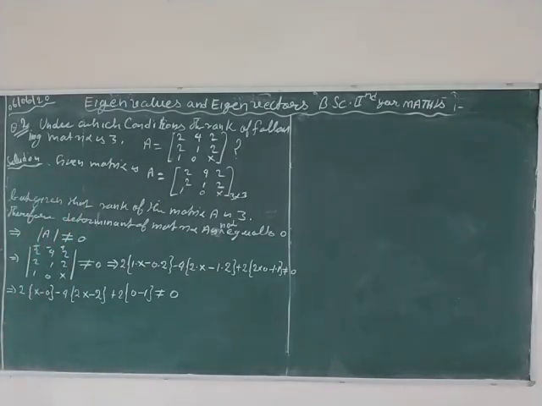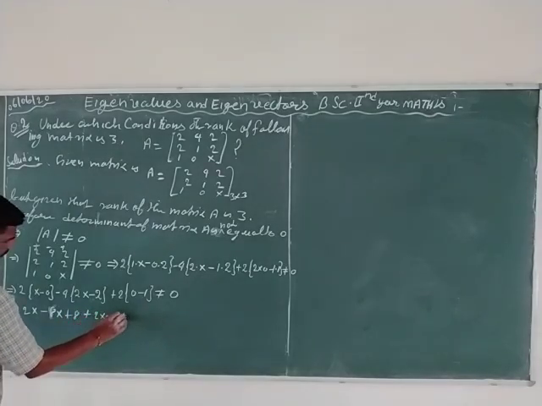Simplifying, this is 2x minus 4 times (2x minus 2), so 8x minus 8 plus 2 into minus 1 is not equal to 0.